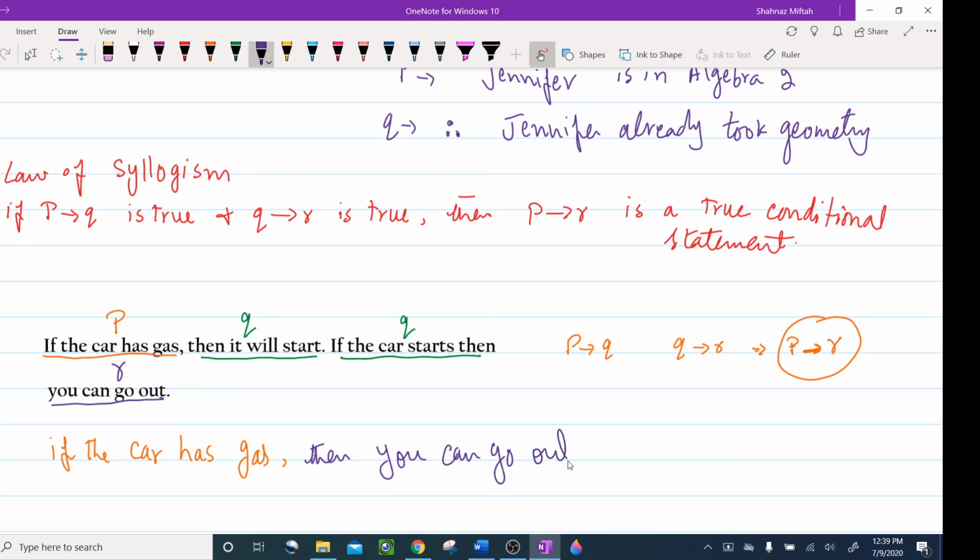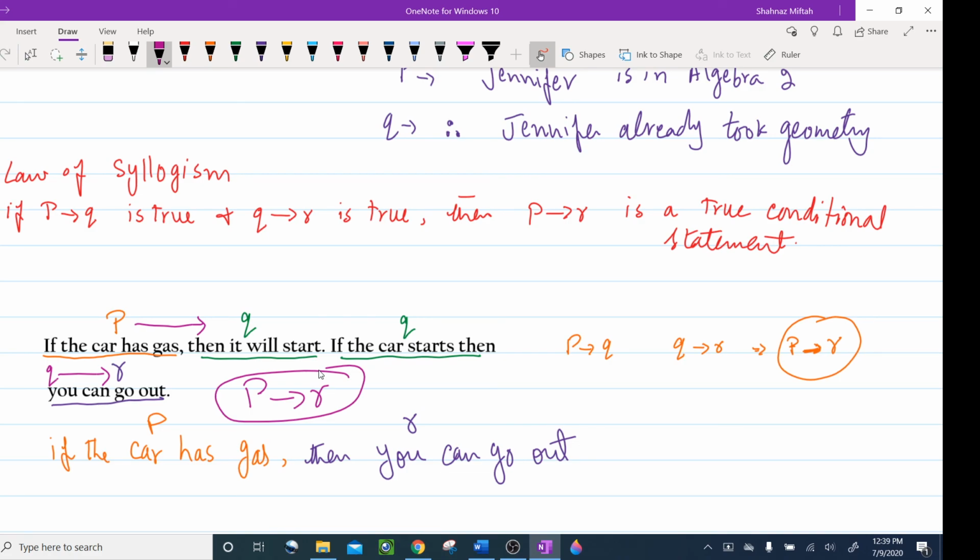So this is R, and this one is my P. If you watch this, if P then Q, Q then R, I can make an arrow there, then I picked up this whole thing, which means P to R. And this was the law of syllogism.